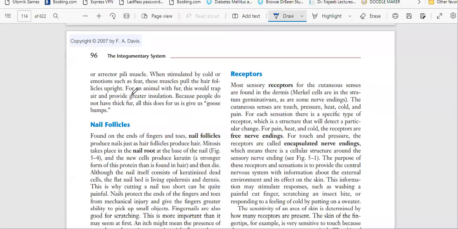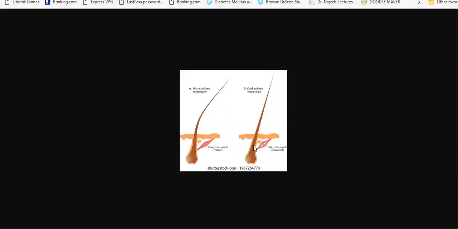Whenever we have such emotions, this condition is known as goosebumps. It happens when the erector pili muscle tightens the hair follicles.